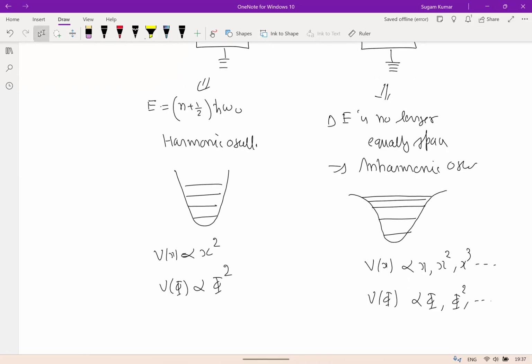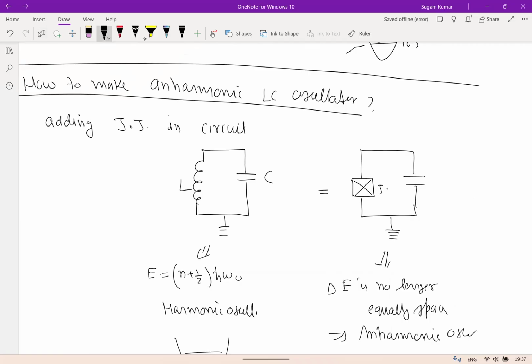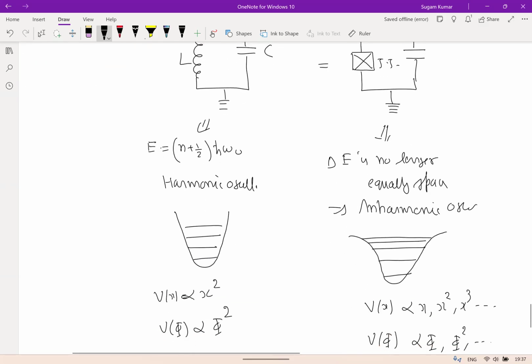And I will show you that when you add a Josephson junction in the circuit, it is going to make the circuit an anharmonic oscillator, and then we can use this for our purpose. Objective clear to everybody, what we are doing?